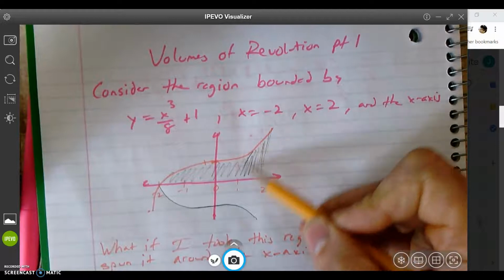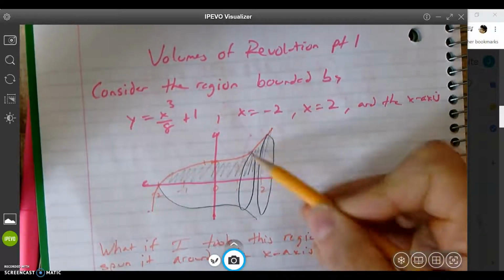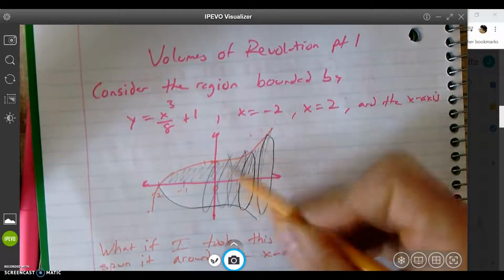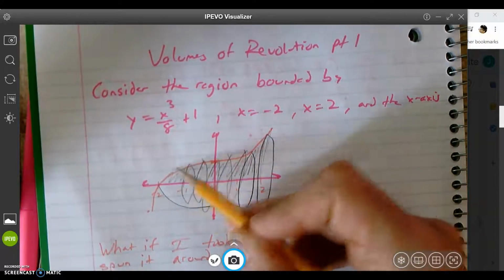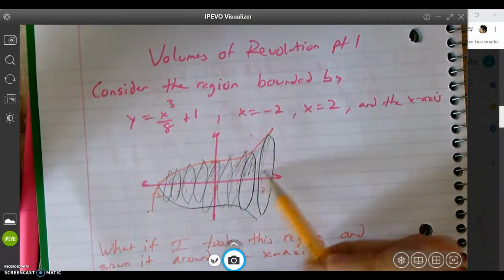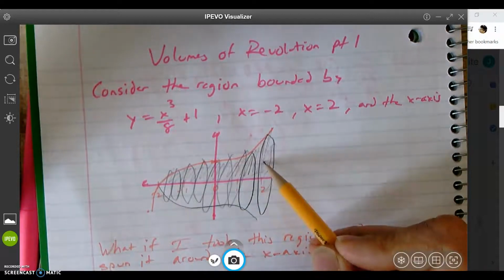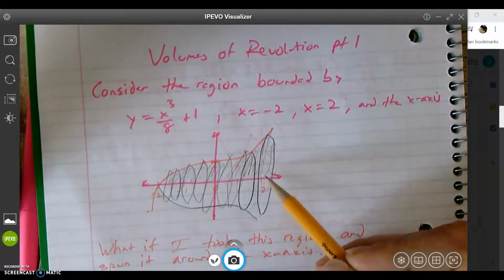And so I'm taking this and revolving it around the axis, like that, and you get a three-dimensional shape that's actually totally solid. It looks like there's a hole in it, but it's actually totally solid. So you take that and you rotate it around.